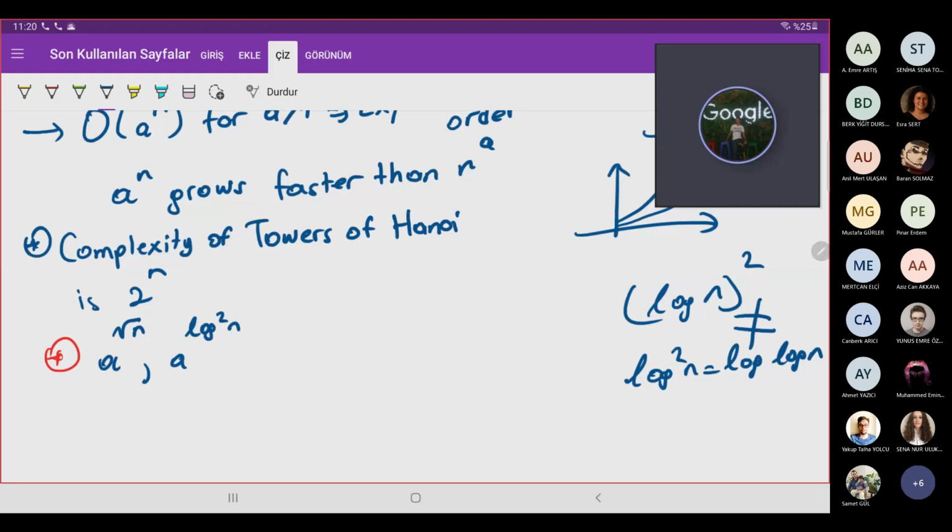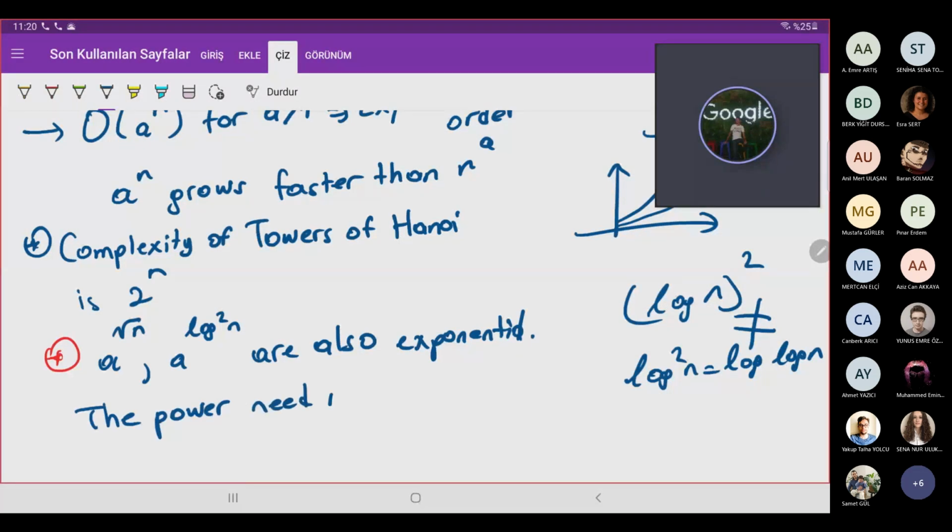Also pay attention to that when you're taking derivatives. Okay, so a to the power such things are also exponential. So the power does not have to be n. As long as it's a function of n, be it a square root of n, it's sufficient to make that an exponential function, okay?